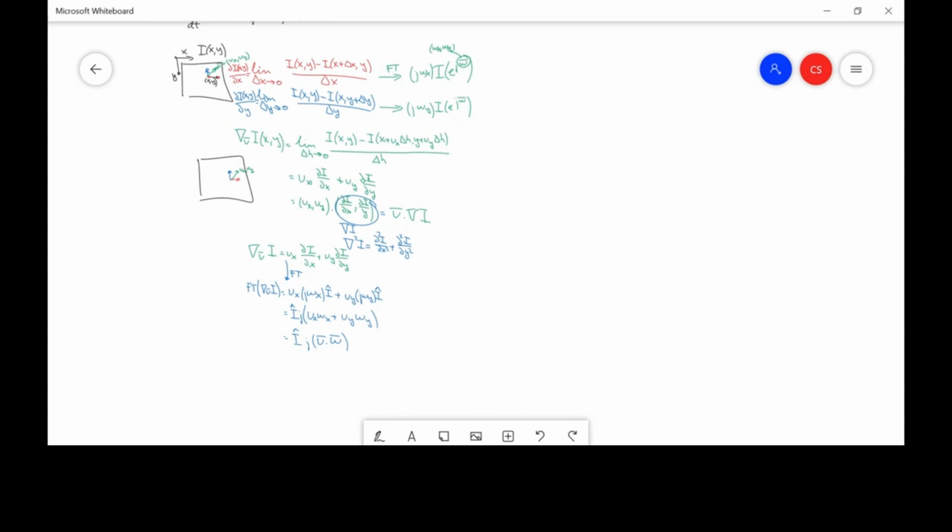And then if instead of (1, 0), (0, 1), I take any direction, I simply have to multiply by the unit vector in that direction. So this is a very, very nice result. Now you can compute derivatives very easily in Fourier space by simply multiplying by this thing.